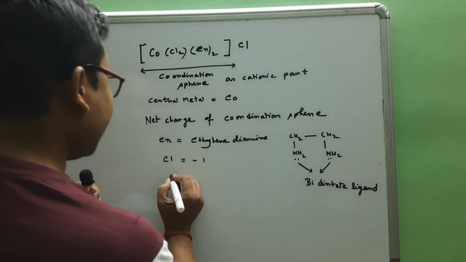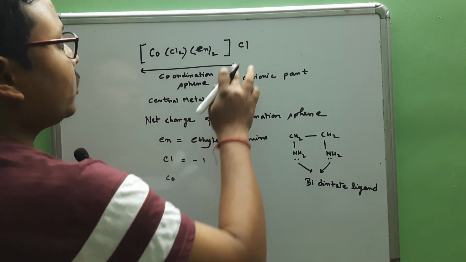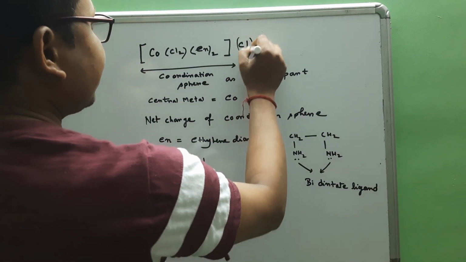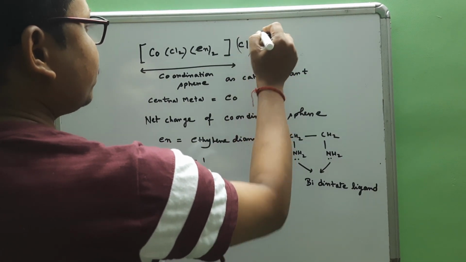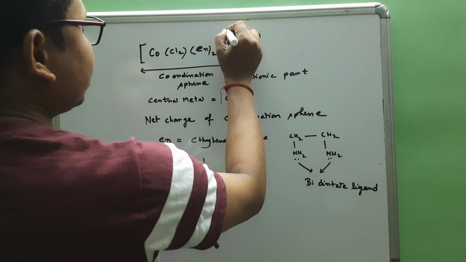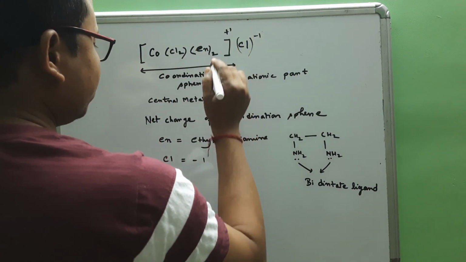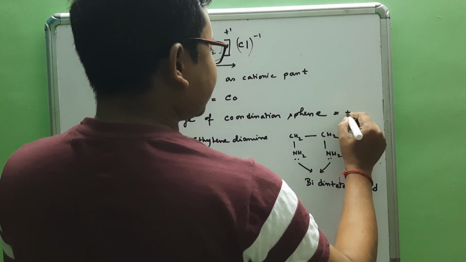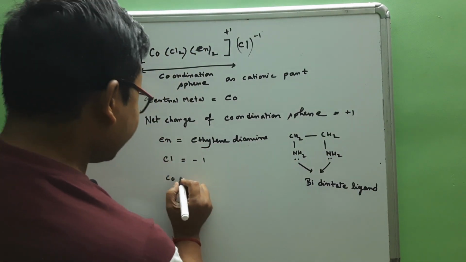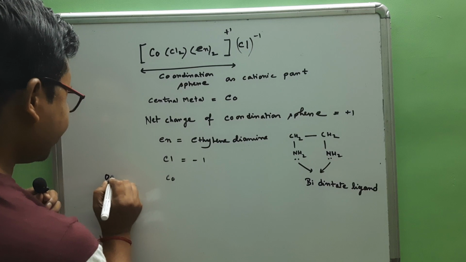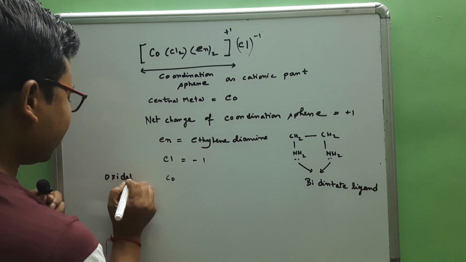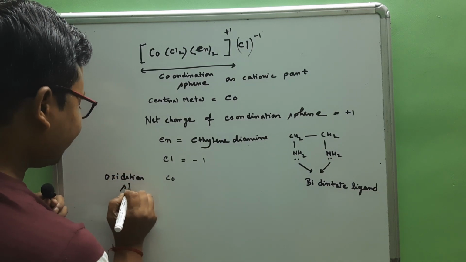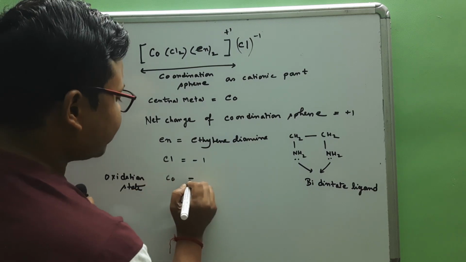Because the outer chloride acts as the anionic part, it is -1, so the cationic part should be +1. So the net charge of the coordination part should be +1. What will be the oxidation state of cobalt?